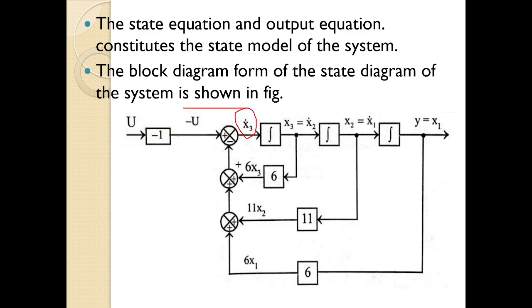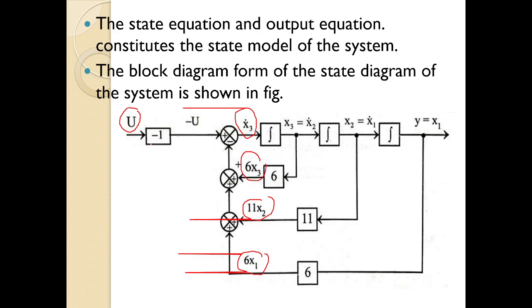Consider x3 dot. So x3 dot is equal to minus 6x1, minus 11x2, minus 6x3, minus u. u means the input. So u is the input; therefore consider u and multiply it with minus 1.